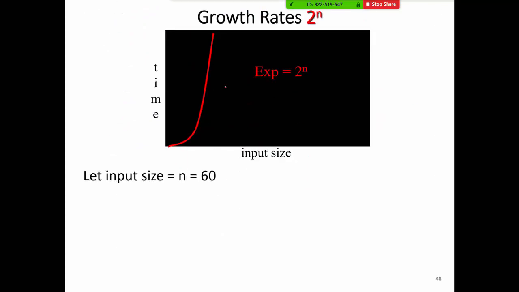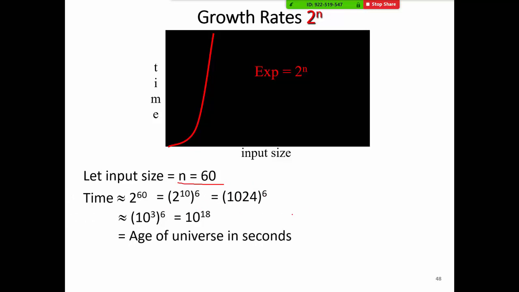It's not running fast. Imagine you have an input size of 60, you need 2 to the power 60, which is a huge amount of units of time, which is actually the age of the universe. So avoid designing an algorithm that runs with exponential time complexity.